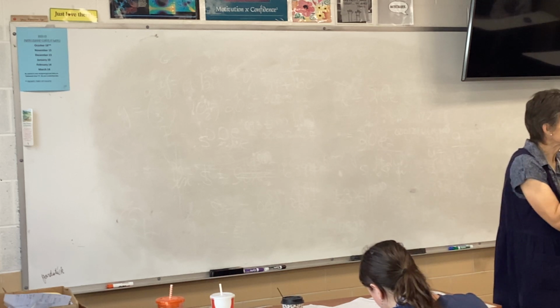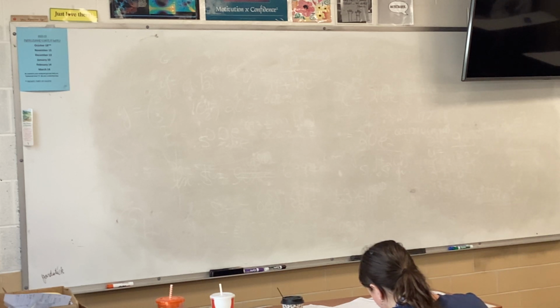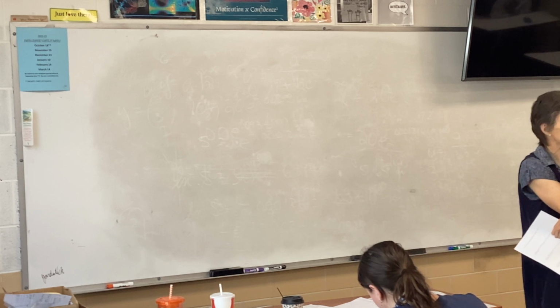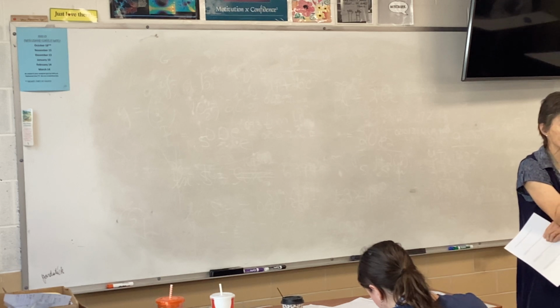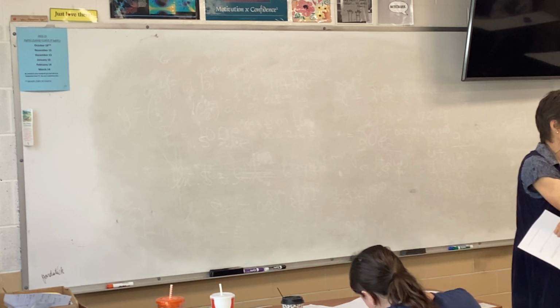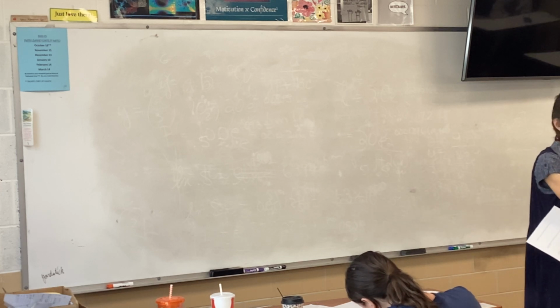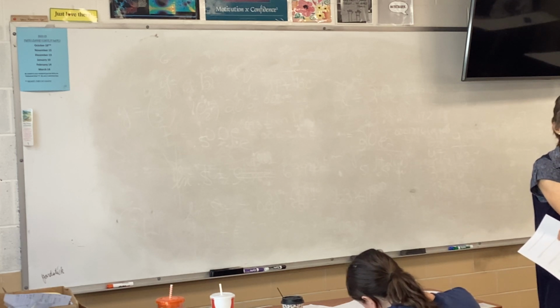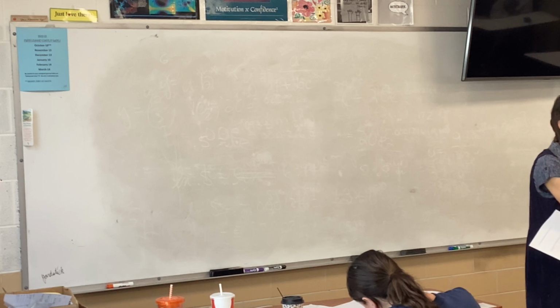All right, so now look at B. B we said was decay. Why is it decay? Because 0.83 is less than 1. How much less than 1? 0.17. So this is a 17% decay.